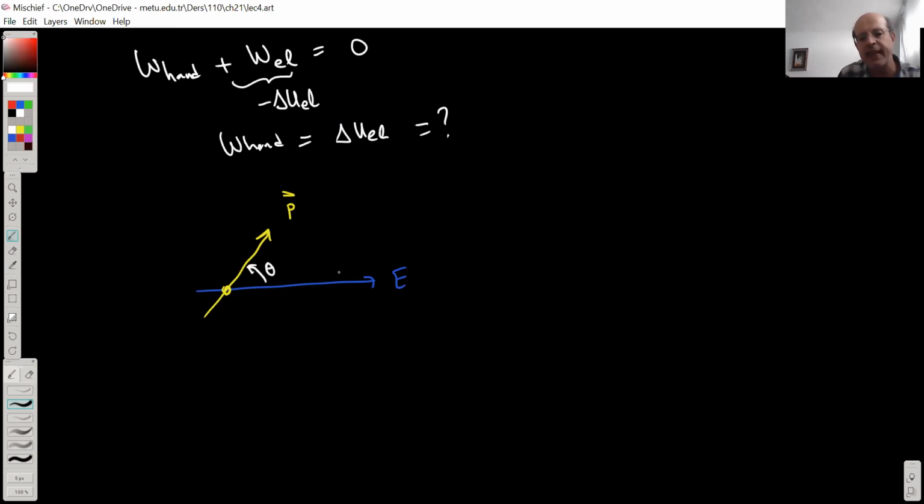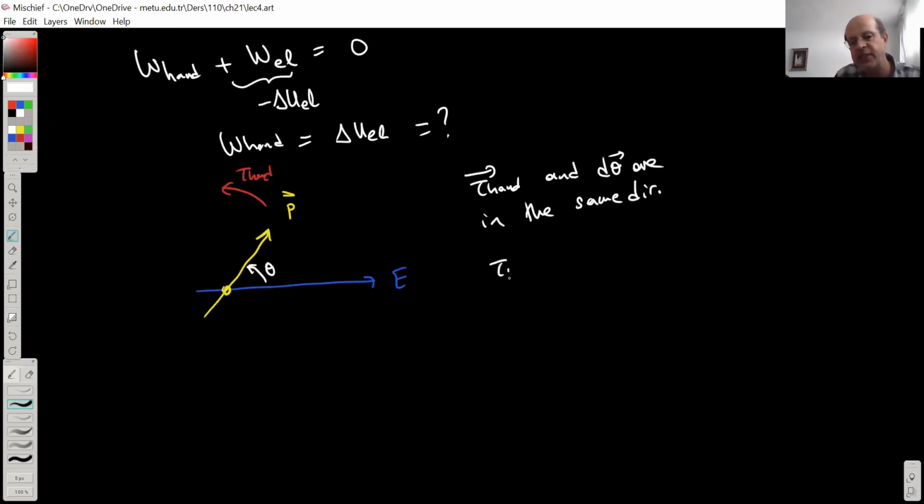So this angle is theta. I know that the torque applied by the hand, this is red, is along that direction, and d theta is in the same direction, right? So the torque applied by the hand as a vector and d theta are in the same direction.